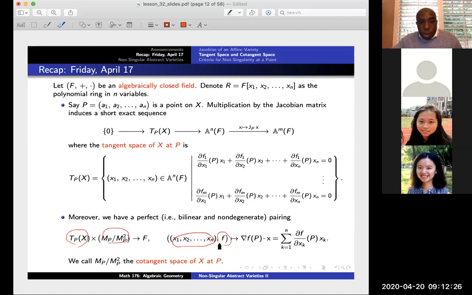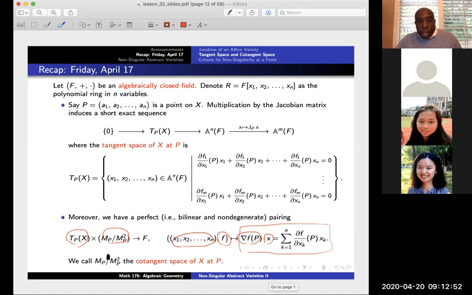And we're choosing a polynomial in the maximal ideal at p, which means that if I were to plug in p, I would get back 0. Right, so f evaluated at p is 0. And now we're going to send that to the following number. So this here is just the dot product. Here I just take this vector here, which is the gradient, dot product with the vector here from the tangent space.